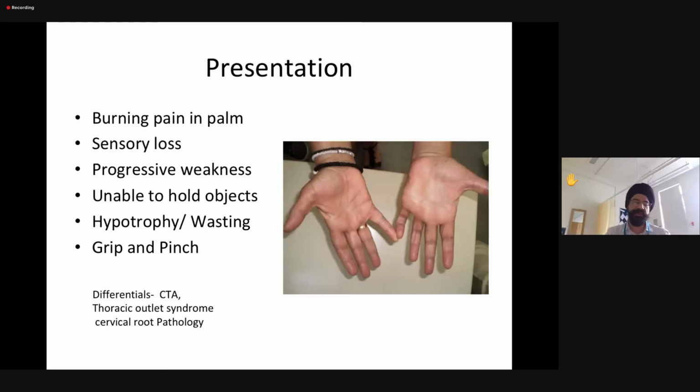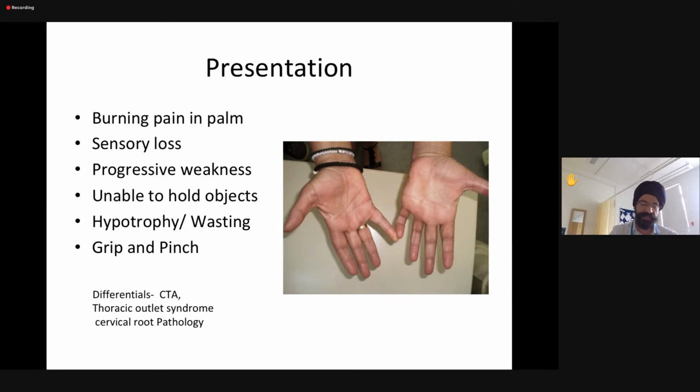The patients would present with burning pain in the palm. They would have sensory loss, as we've discussed, in the ulnar one and a half fingers. There is progressive weakness, they are unable to hold objects, and there will be wasting of the thenar and hypothenar eminence. On testing, you'll find a reduction in grip and pinch strength.